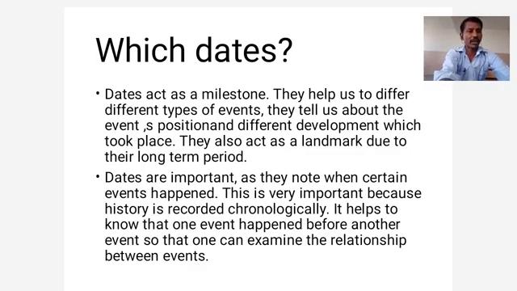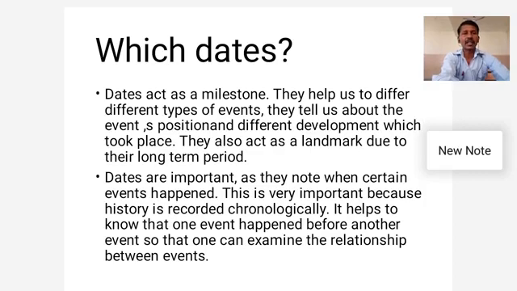For example, India's freedom movement, what we call the Gandhian era, Gandhi age, Gandhi period. It starts from 1919 to 1947, till the independence.